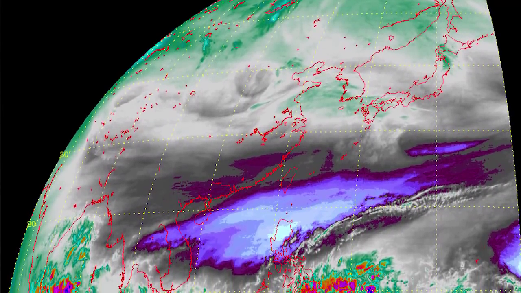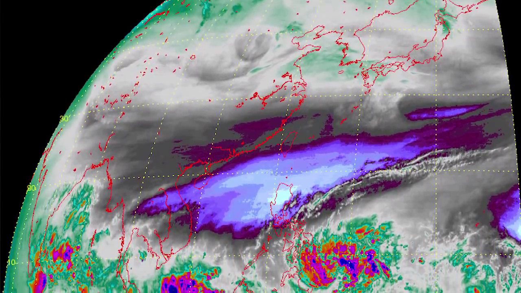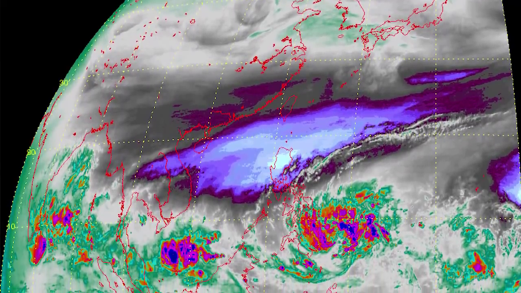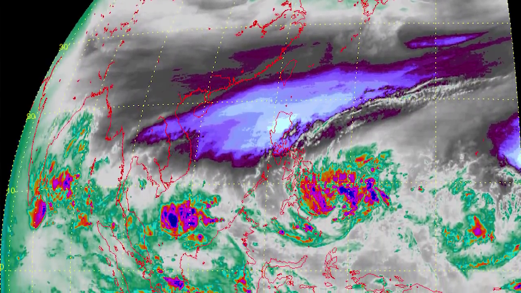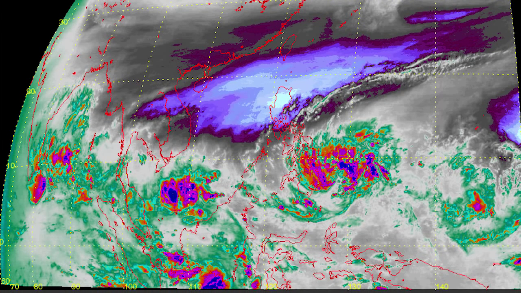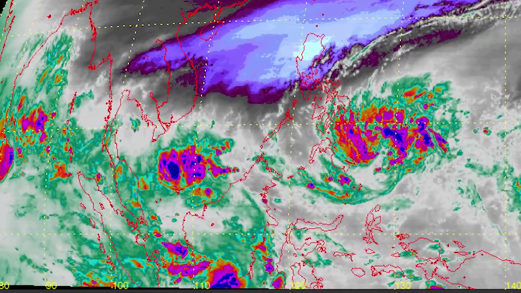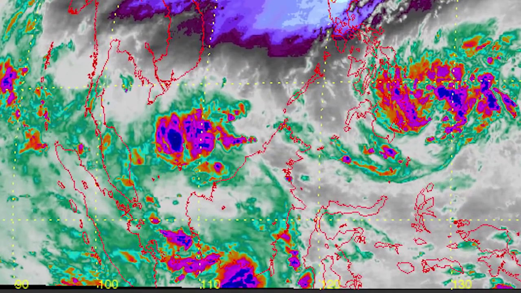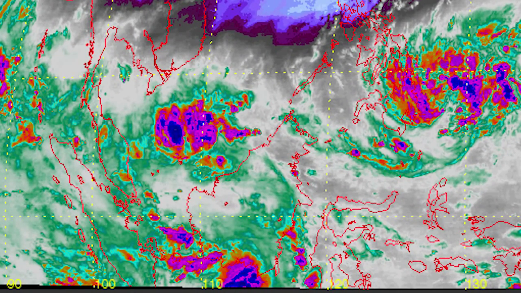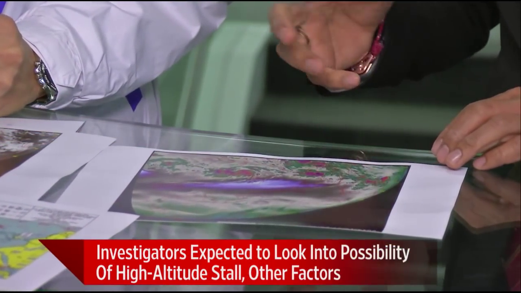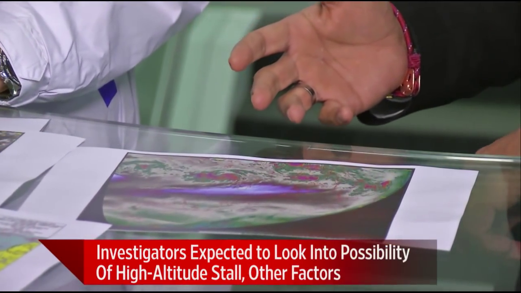You can look at it, the regions of purple or blue are the regions with an abundance of water vapor, meaning the development could be very severe, and it is in the way where the aircraft is expected to have lost contact. Right, and we're looking right here in the Java Sea, and we can see these very dark patches of purple, dark patches of pink, which could have led to the disappearance of the aircraft.